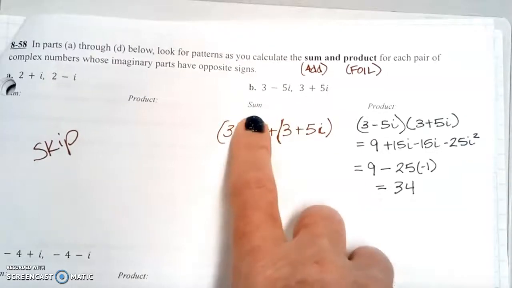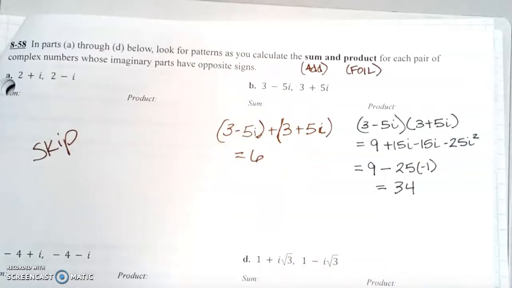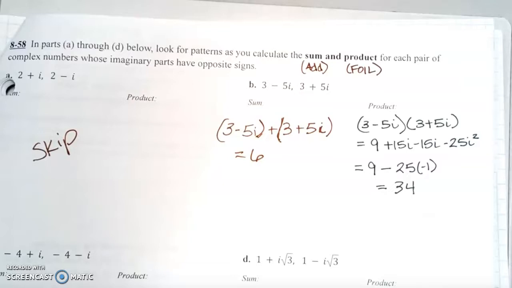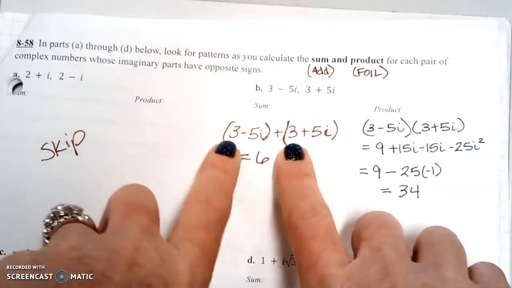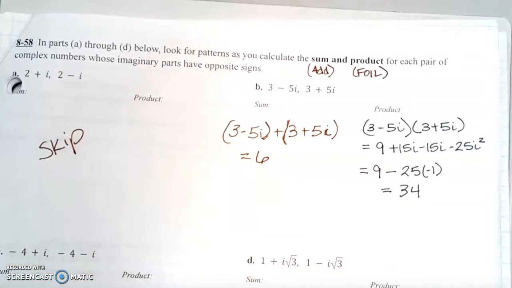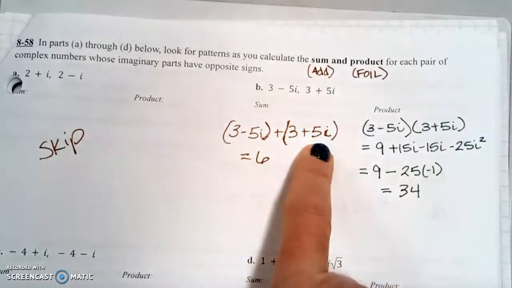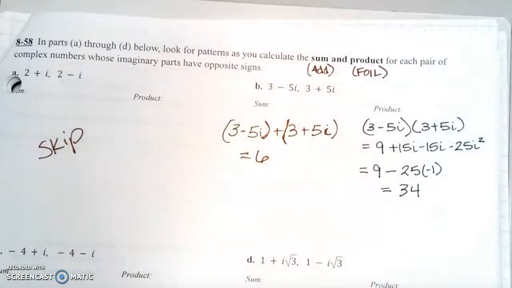So the first thing they want us to do is to find their sum. And when you find the sum or the difference, you're basically just going to combine like terms. Okay? So the whole numbers, the 3 and the 3, combine to get the 6. And then when you combine the negative 5i and the positive 5i, they're opposites, and they cancel out, so you don't even write it.